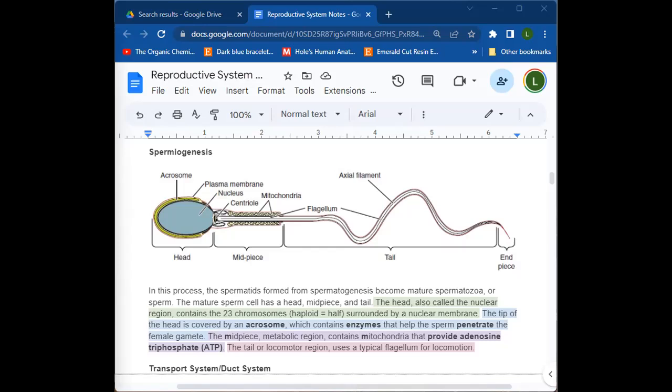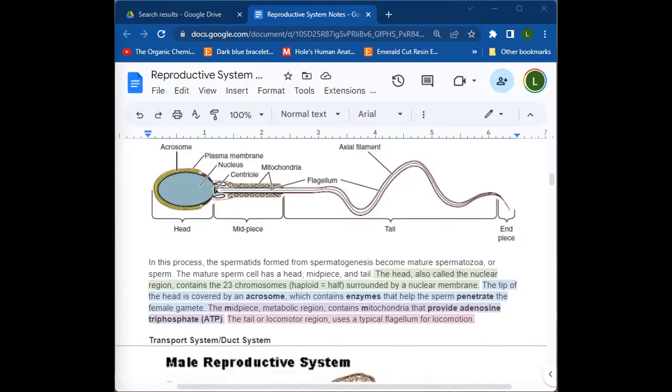And then after that, there's going to be the flagella. The flagella is a whip-like tail and just whips back and forth to help the sperm move.